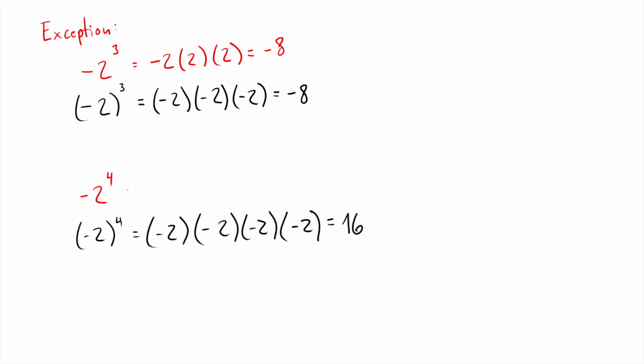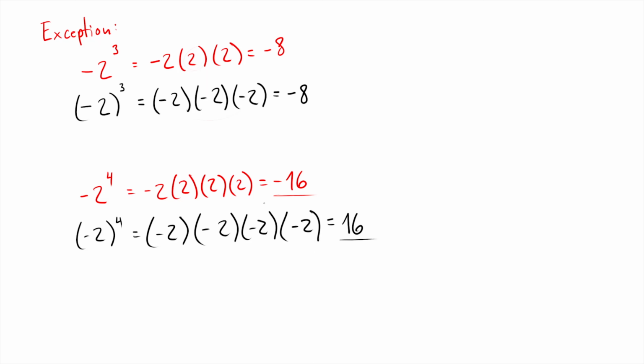Now without the brackets, we get negative 2 times 2 times 2 times 2. Negative 2 times 2 is negative 4, negative 4 times 2 is negative 8, and negative 8 times 2 is negative 16. So in this case, we do get different answers: negative 16 here, and positive 16 here.